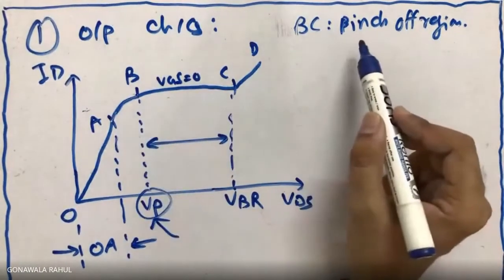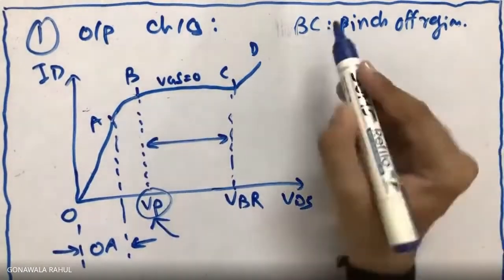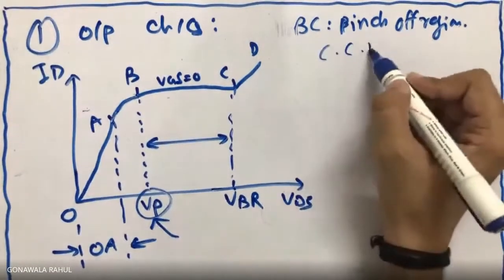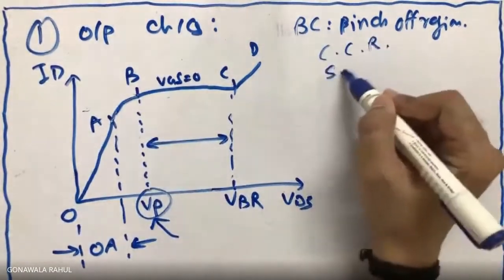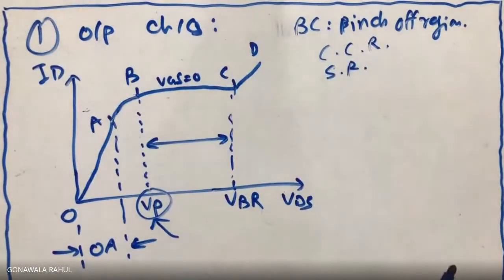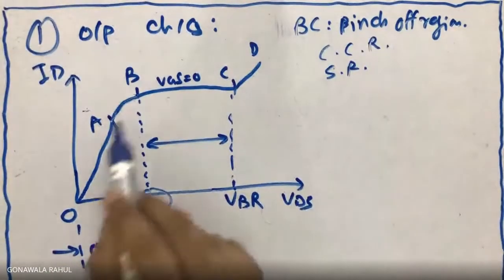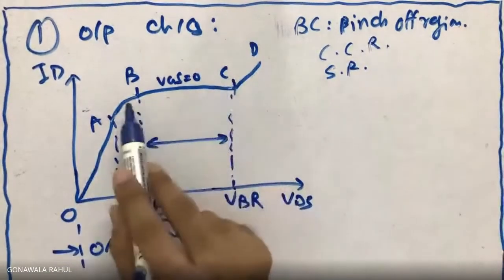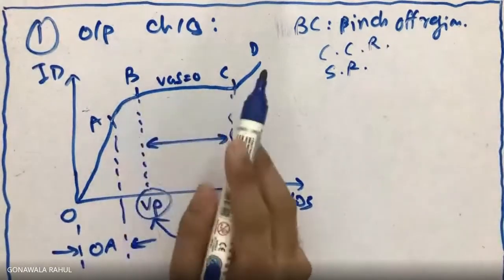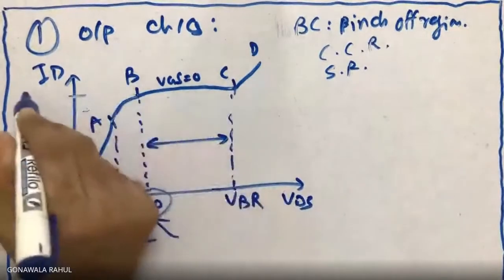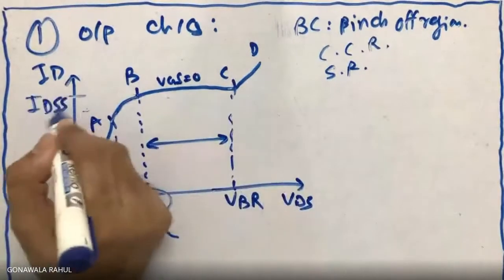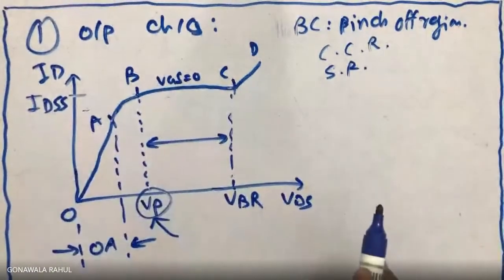So in this region ID remains almost constant, and it is reaching its maximum value, and that is known as IDSS.